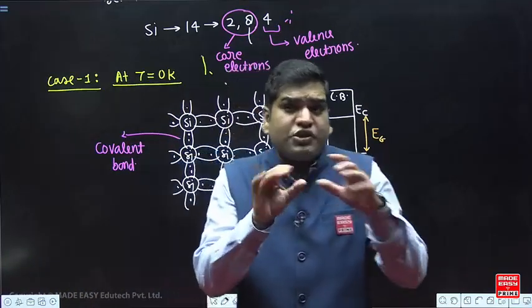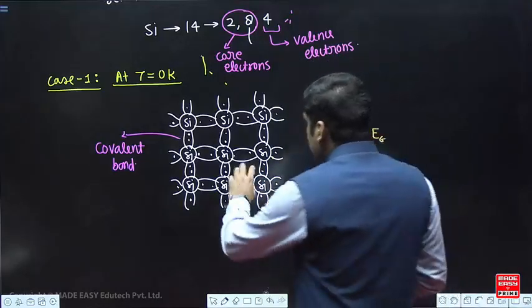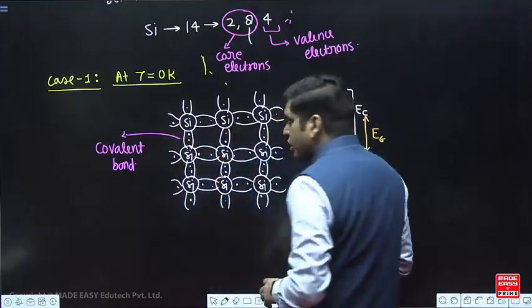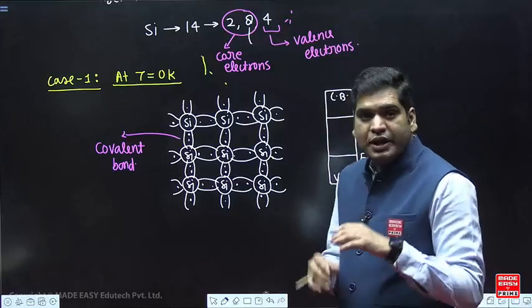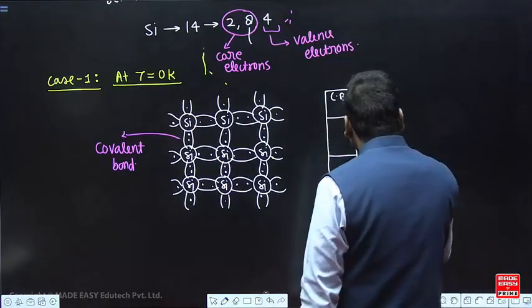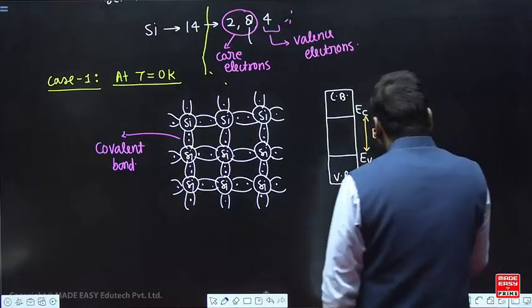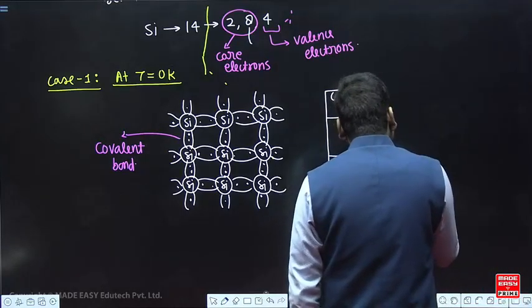There is no external energy, no thermal energy available. All these electrons have participated in the bond formation, so they would be in the lowest energy states. It means all these electrons will be in the bond, and bonded electrons are found in valence band. So valence band is fully filled.